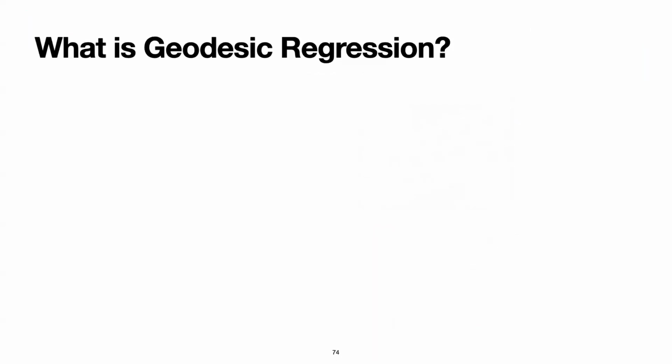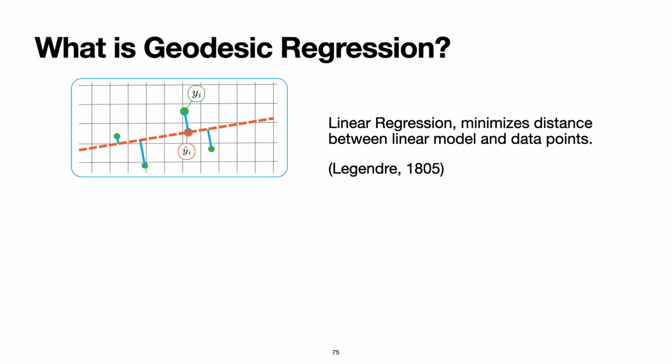So what is geodesic regression? A common form of statistical analysis is linear regression, which minimizes the distance between a linear model and data points. You can see that linear regression tries to fit a line and learn that line by minimizing the linear distance between the data points and that line. This was developed in 1805.